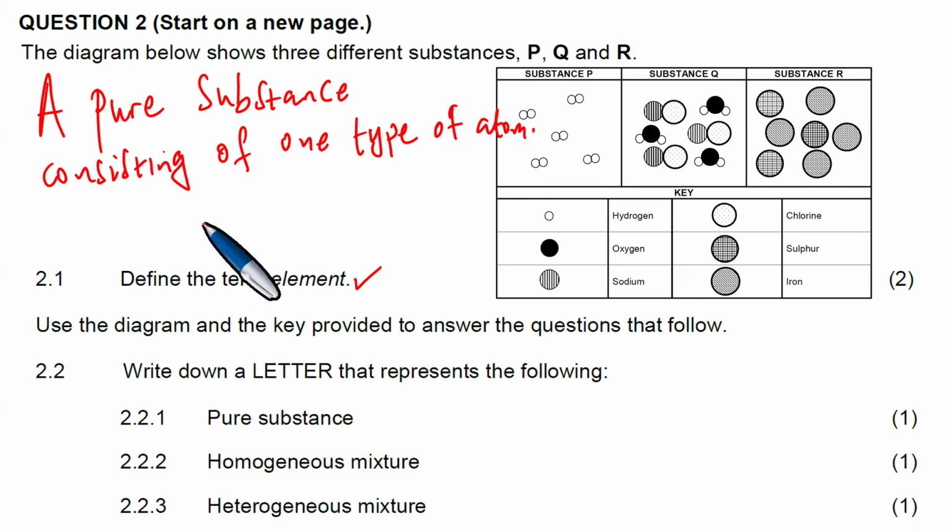A pure substance consisting of one type of atom. So an element is a pure substance consisting of one type of atom.